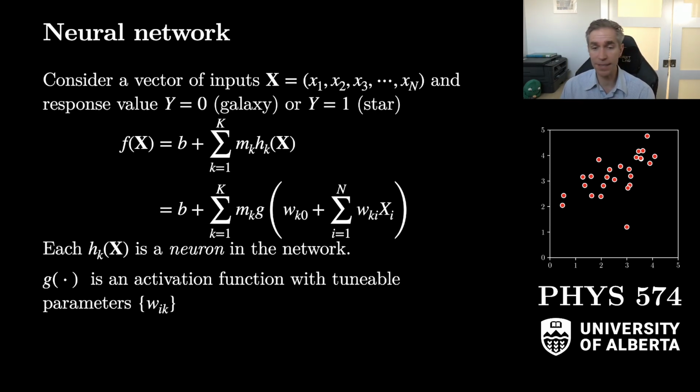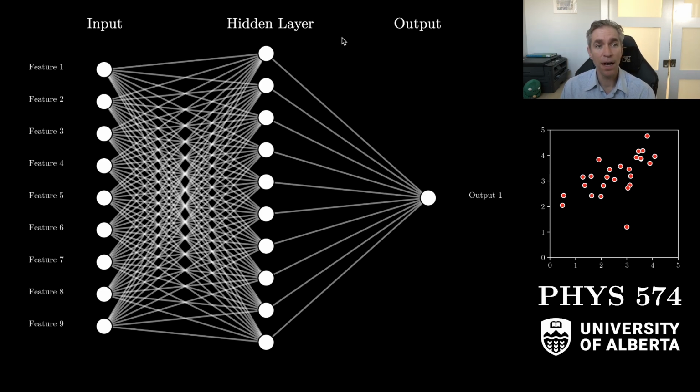And we set up this classic graph of a neural network where I have my 9 magnitudes and colors coming in here. Then I'm going to map each of these using the function here up to one of these neurons. Then I'm going to do a function on that value, add all of those up, and that's going to combine to give me an output here.